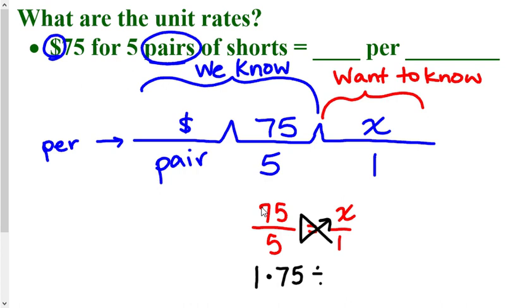We multiply the two numbers that are diagonal and divide by the number that's left over, and that gives us the value of our missing number. 1 times 75 is 75. 75 divided by 5 is 15. So we get 15 equals x, or x equals 15. So our unit rate is $15 per pair.